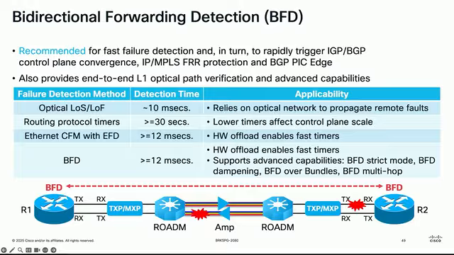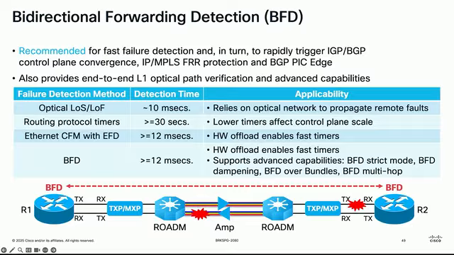The other detection mechanism is relying on the routing protocol. Let the timer expire. So OSPF, 30 seconds. BGP, 180 seconds, hold down timer. And during that window, obviously there would be traffic loss. So we don't want to use that either. Ethernet CFM with EFD is another functionality which is available.